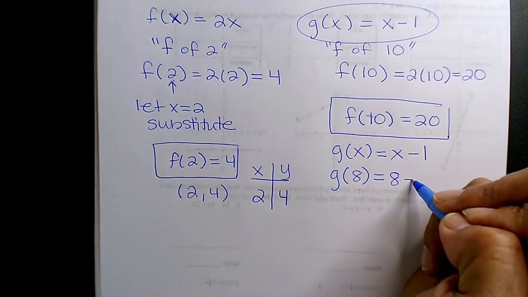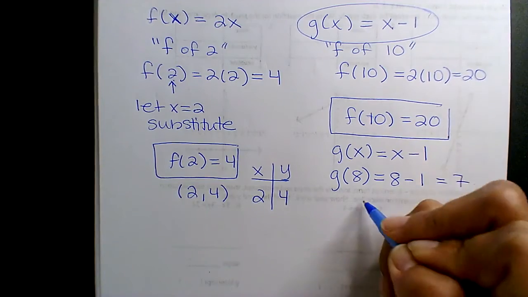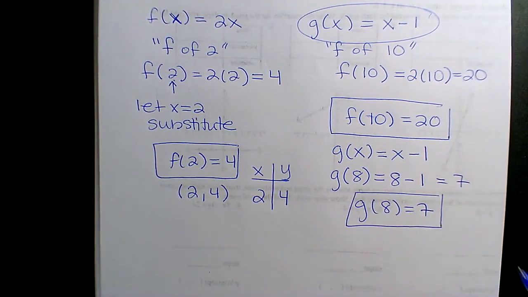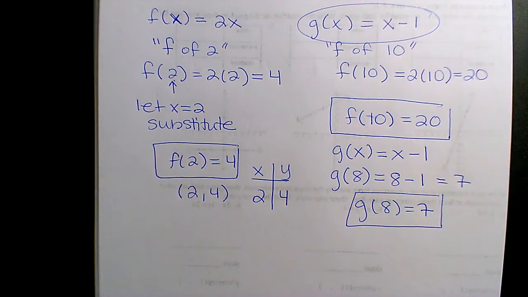Because 8 minus 1 equals 7, so g of 8 equals 7. Right, so Hassani's right. And so that's like the coordinate point 8, 7, or on an XY table, 8 is the input, 7 is the output. Okay, so that's all you're doing with function notation.